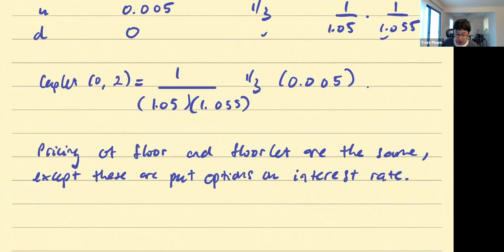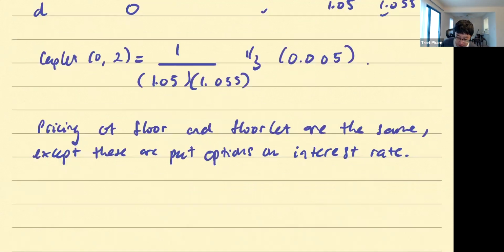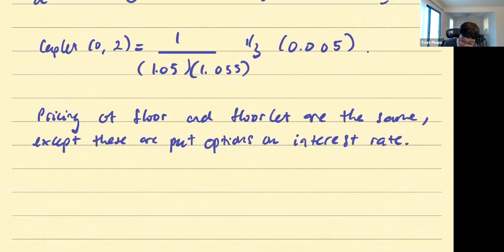Okay, so let's look at the next one, which is the forward contract. So we cover exactly the same analog in the option. The bond is just bond. But the other ones, like the cap and the floor, are like call and put options. And the forward is like a forward option.